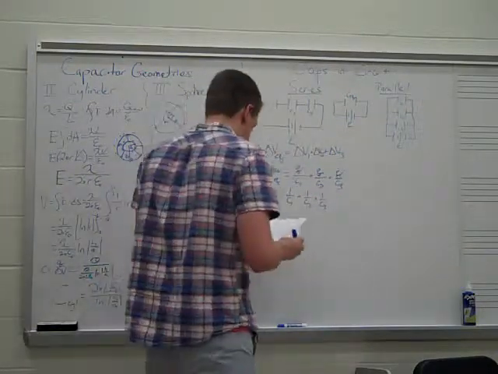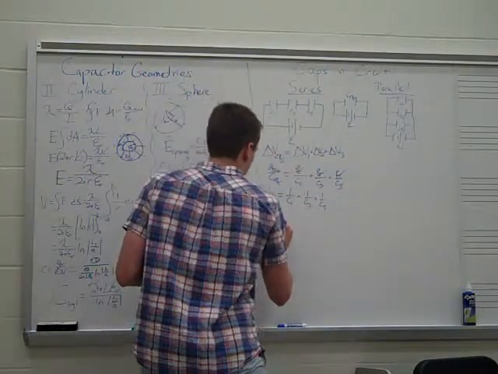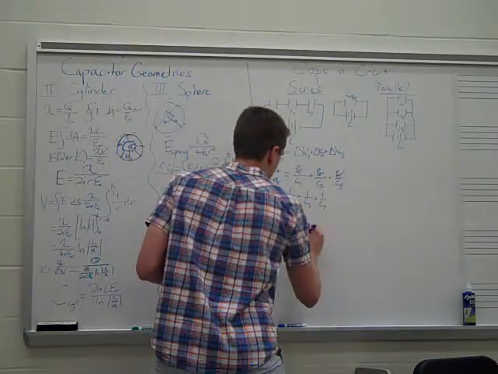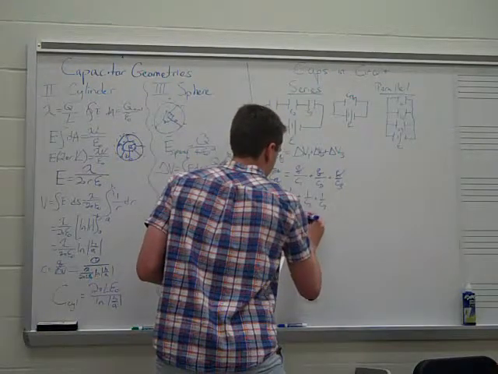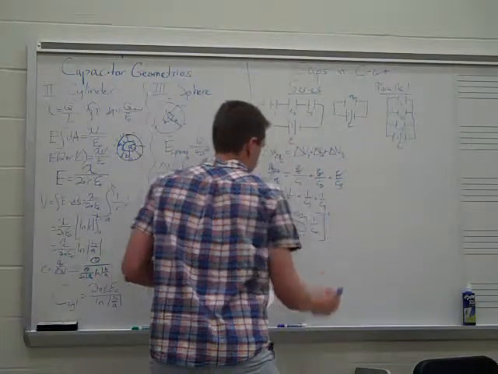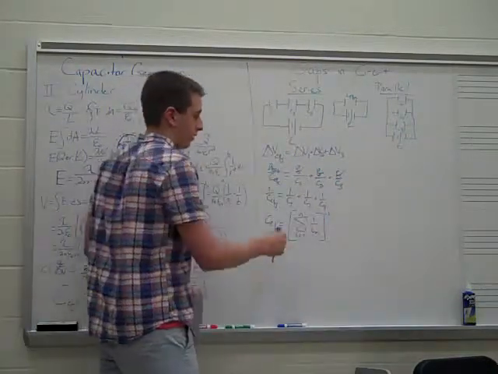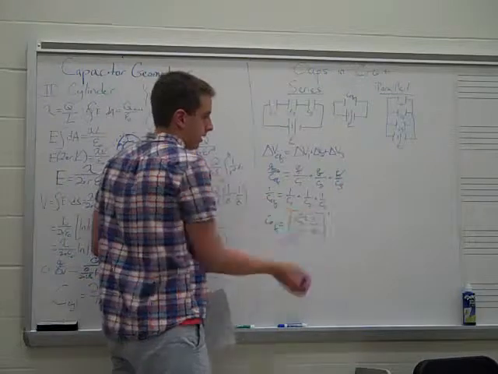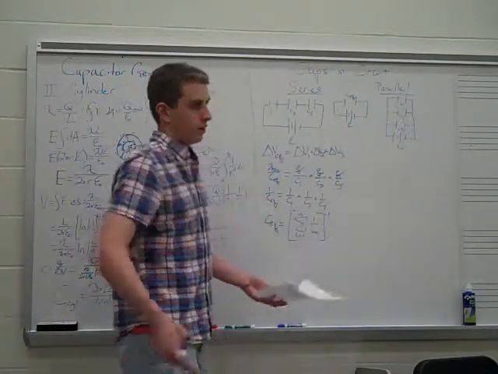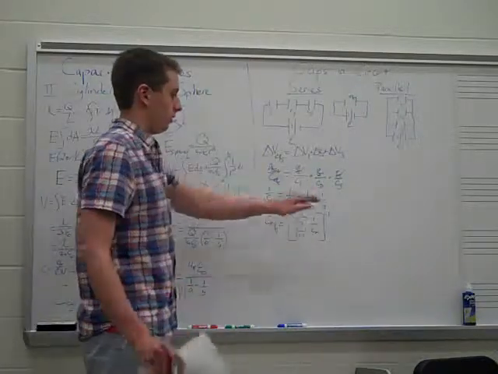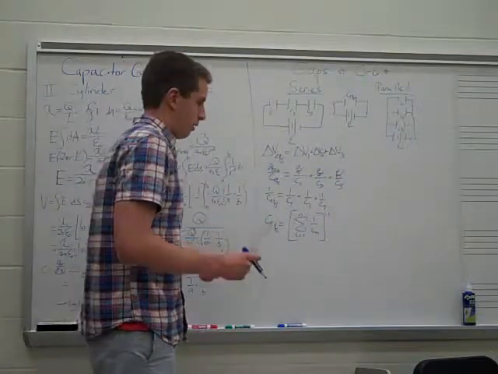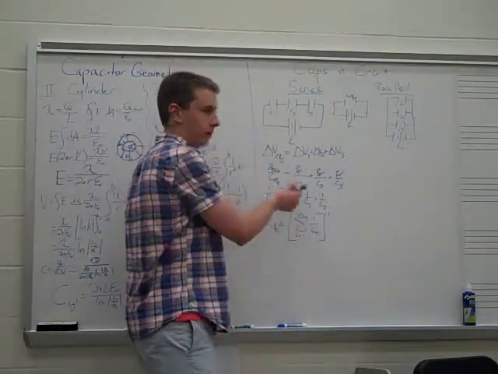I'll write it in sigma notation: equivalent capacitance equals 1 over the sum of 1 over C sub n from 1 to n. Basically you just add the reciprocals of all the capacitances and then flip that. Just remember you can't flip this whole equation over because this is a sum.